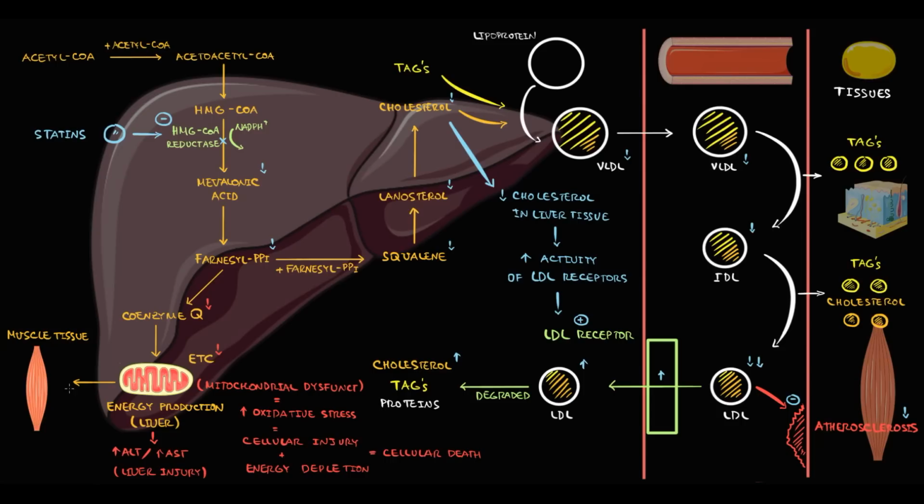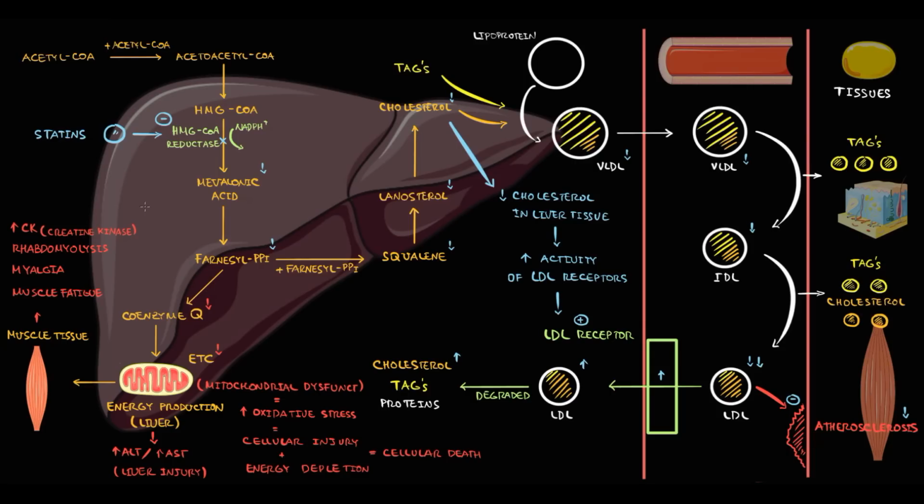Exactly this process occurs in the muscle tissue. Energy deficiency in the muscle tissue manifests as muscle weakness and myalgia. If injury is very severe, this can cause death of myocytes, a condition known as rhabdomyolysis. And the marker of myocyte injury is elevation of creatine kinase.